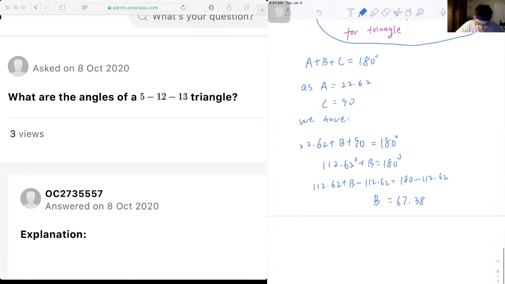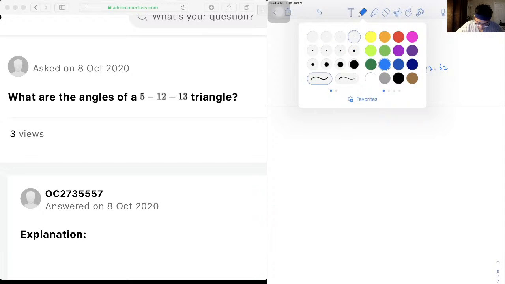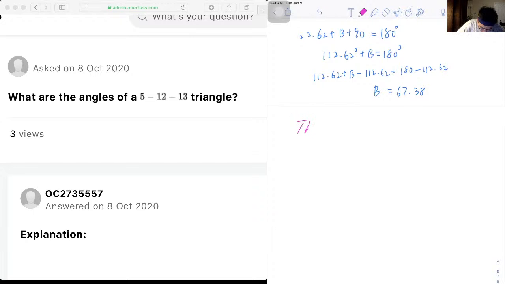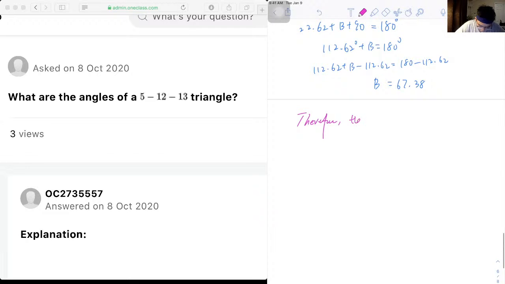Yep. So now we have all three angles, and we can write our conclusion. Therefore, the angles of a 5, 12, 13 triangle are 22.62, 67.38 degrees, and 90 degrees.